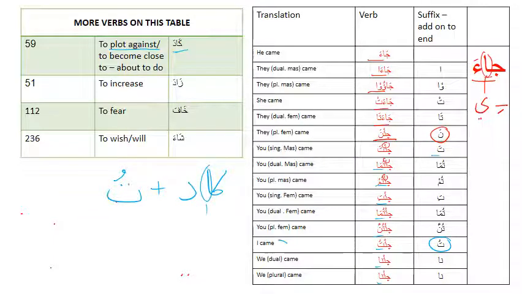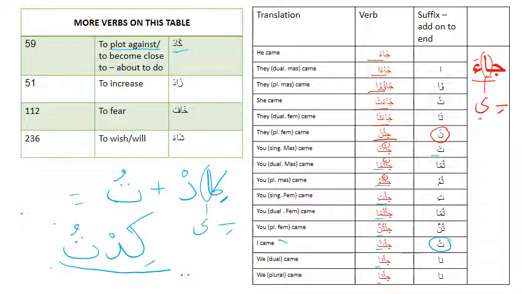This is a ya. Make it into kaf, ki, then put a sukoon on the last letter. It becomes kittu, I plotted or I planned against. Basically we're just eliminating the middle letter, putting a sukoon on the last letter of the root verb, and putting a kasra on the first letter.